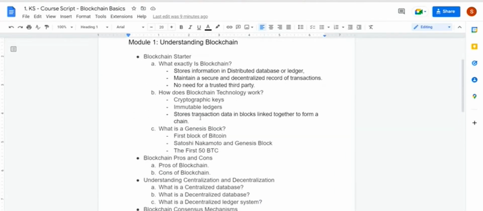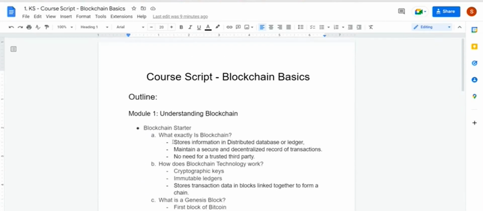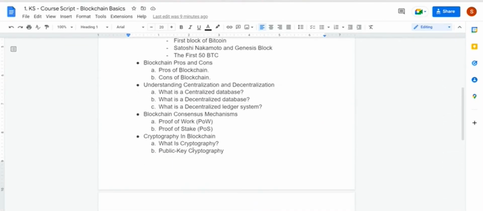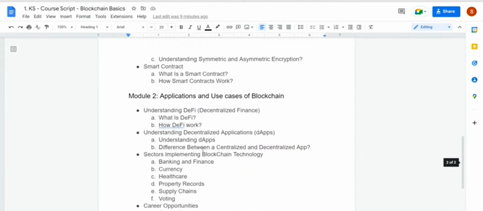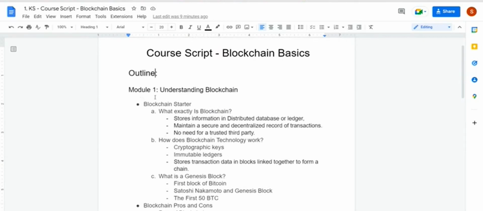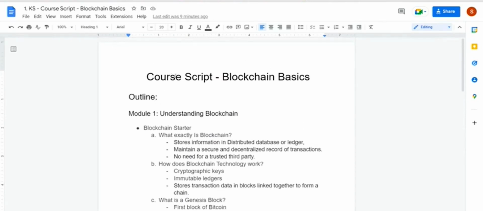For blockchain we have set some outlines, and from this you will have some better idea on how to develop things. You can see we have the outline ready, and the first thing is the title of the course. It should be titled.